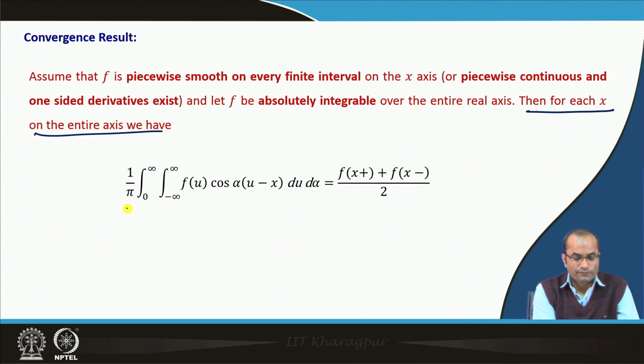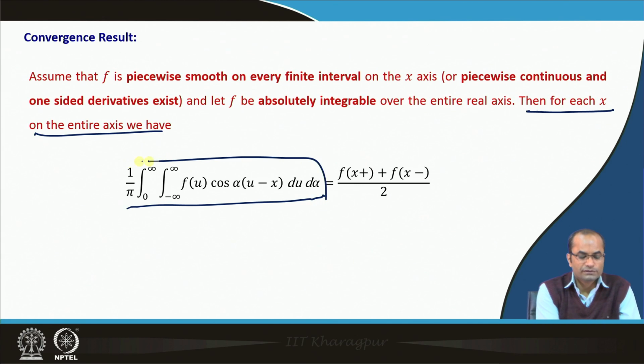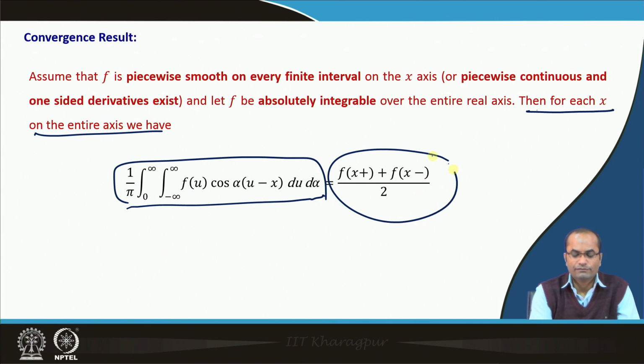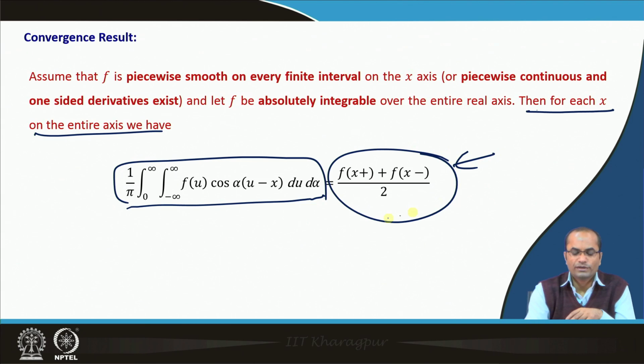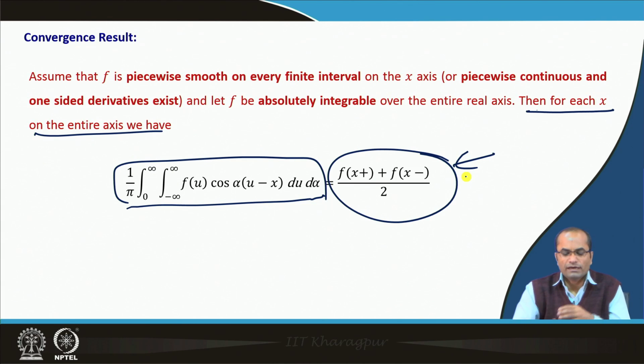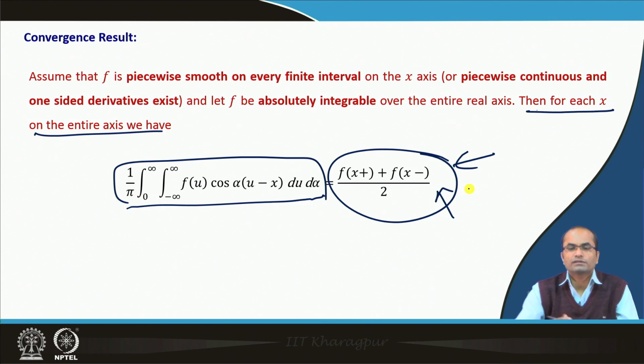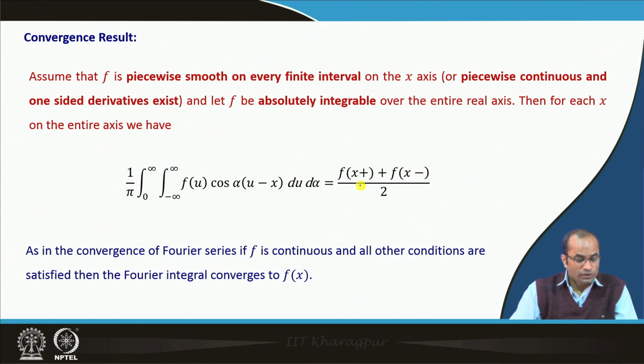With that condition, for each x on the entire axis we have the following result: this integral representation of the function f will be equal to the average value. That is the same as for the Fourier series. In our derivation we have taken f(x), but in a more general setting we could have taken this average value, and finally the integral will converge to this average value.